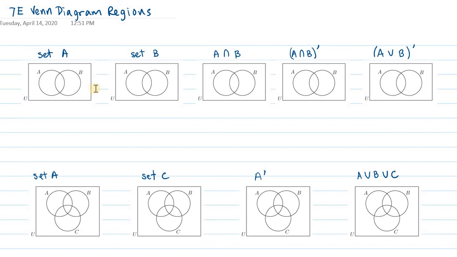So when you draw a Venn diagram, often you will be asked to shade the area that represents the set that you are talking about.